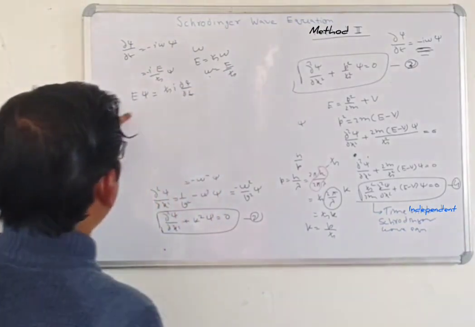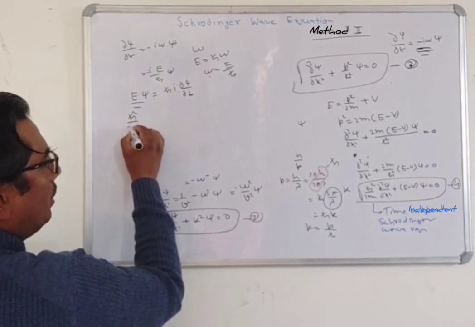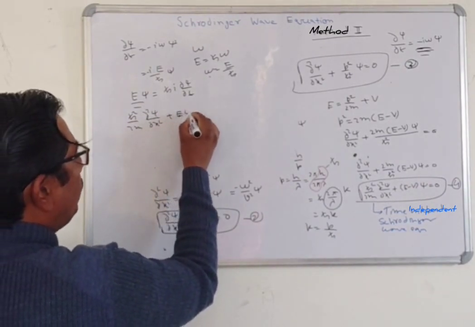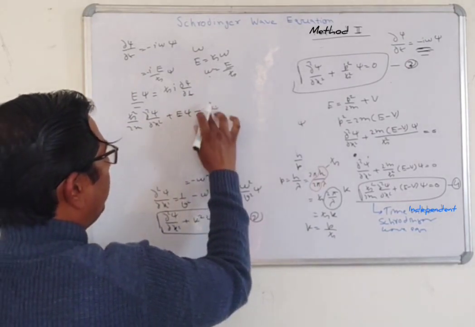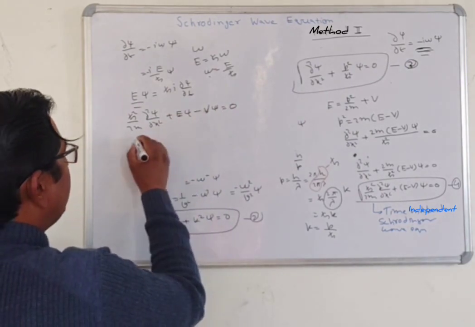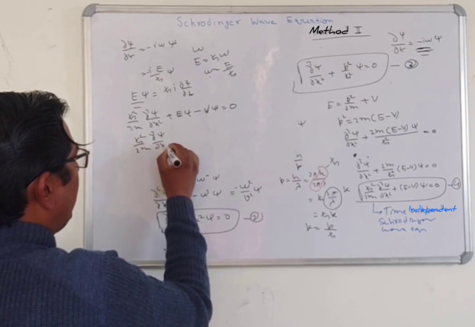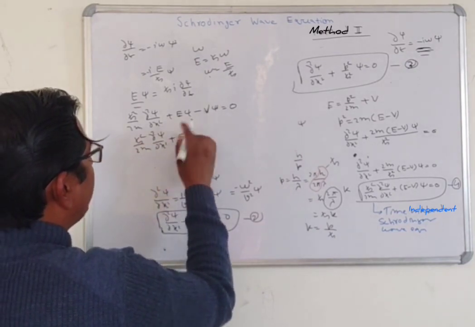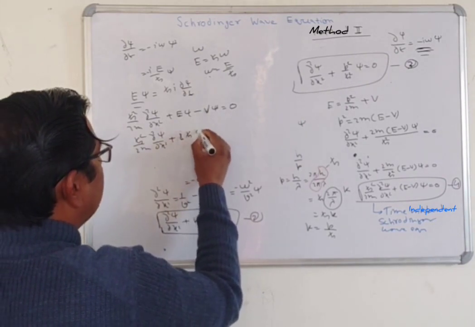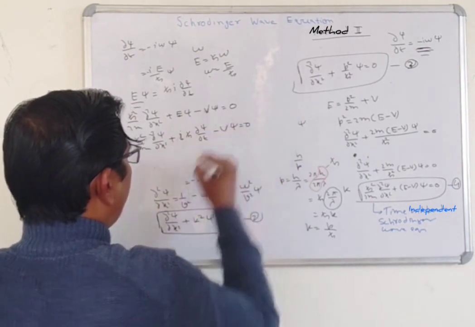Now we put this value here: minus h cut square by 2m d square psi by dx square plus E into psi minus V into psi is equal to 0. This gives minus h cut square by 2m d square psi by dx square plus i h cut d psi by dt minus V psi is equal to 0.